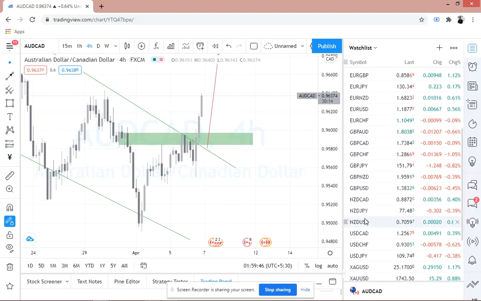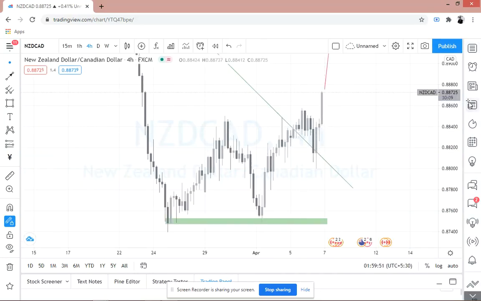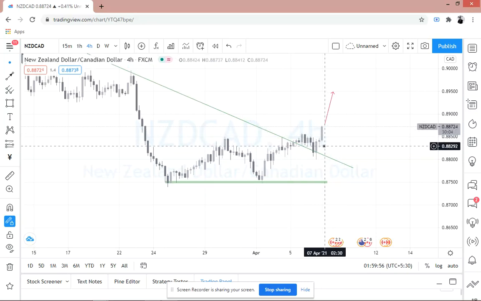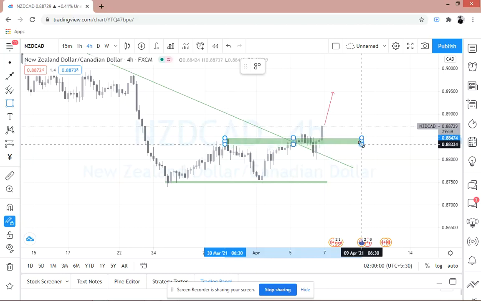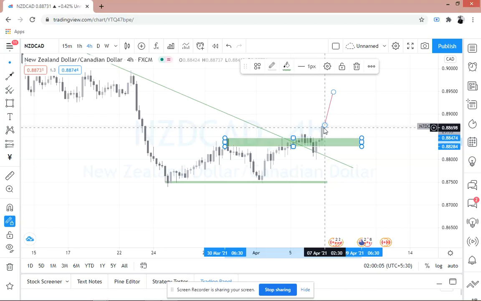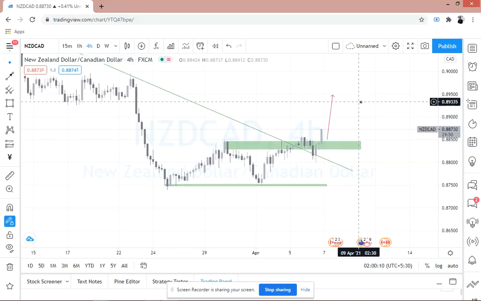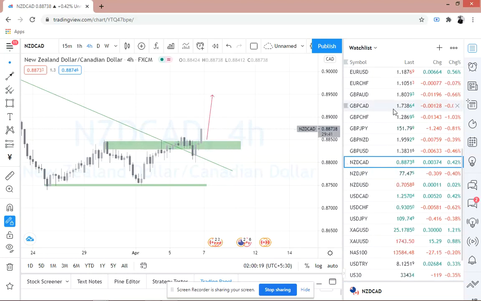But if the market makes a pullback to the previous support level, to this area, we should expect the buyers' entry. So we should expect some kind of buying opportunity here. But if the market didn't, then we go to the next trade setup.